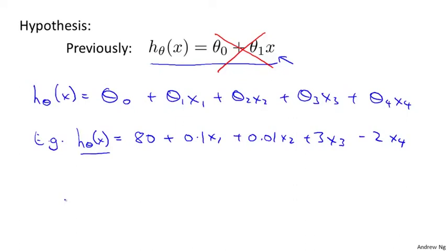This is saying that the base price of a house is maybe 80,000, plus another 0.1, so that's an extra $100 per square foot, plus the price goes up a little bit for each additional floor that the house has. So x2 was the number of floors. And it goes up further for each additional bedroom the house has, because x3 was the number of bedrooms, and the price goes down a little bit with each additional year of the age of the house.